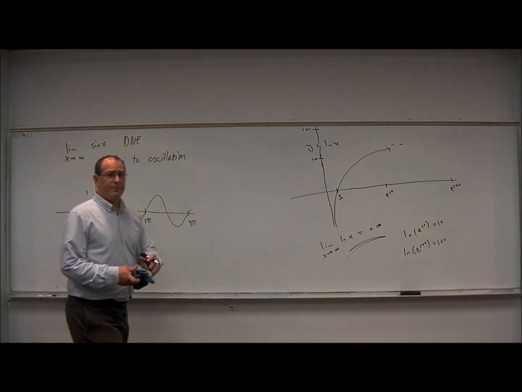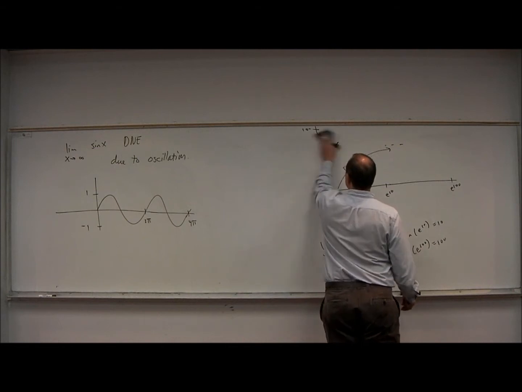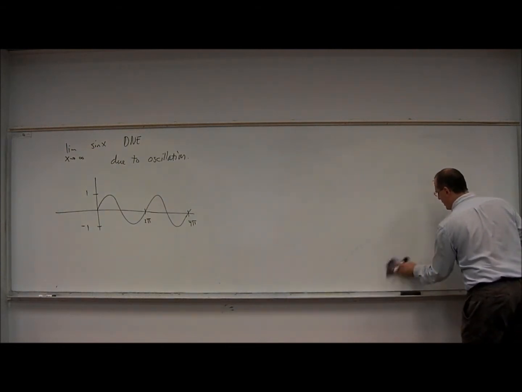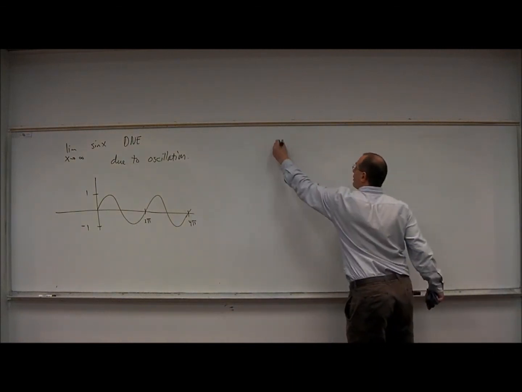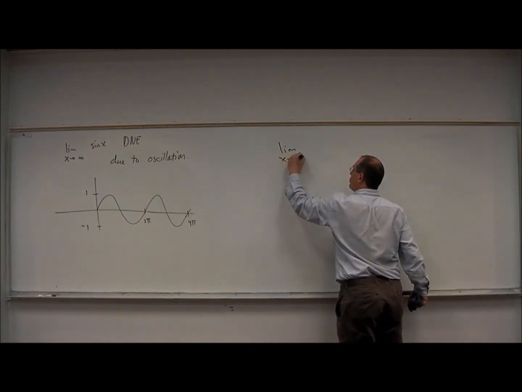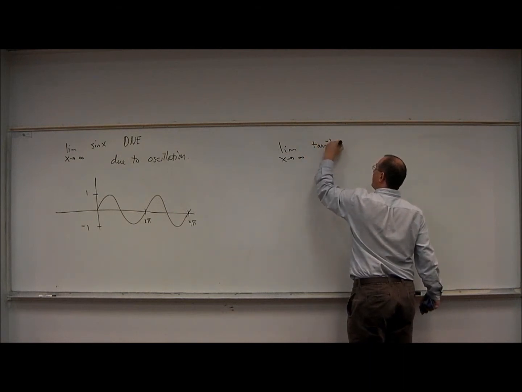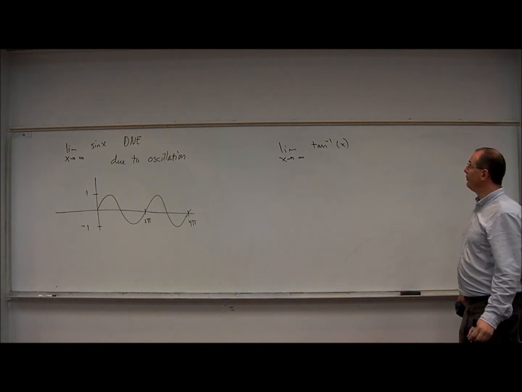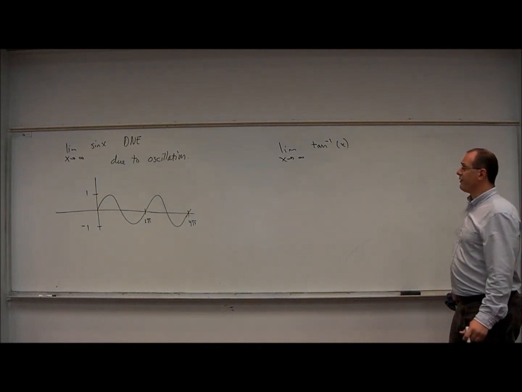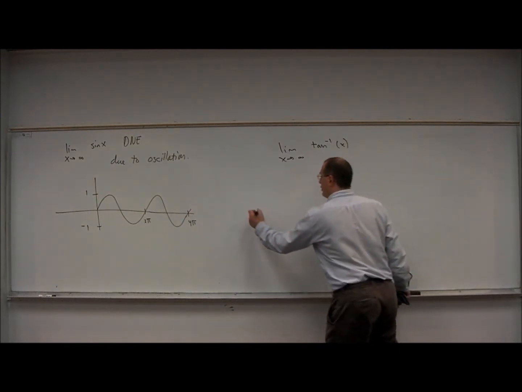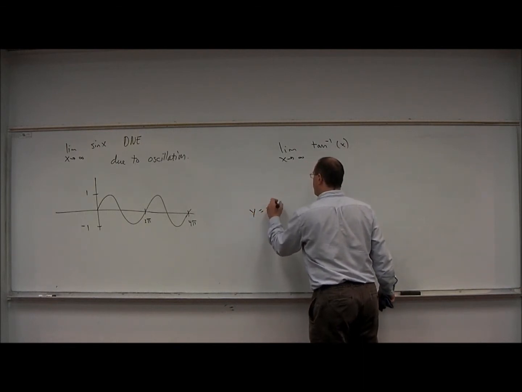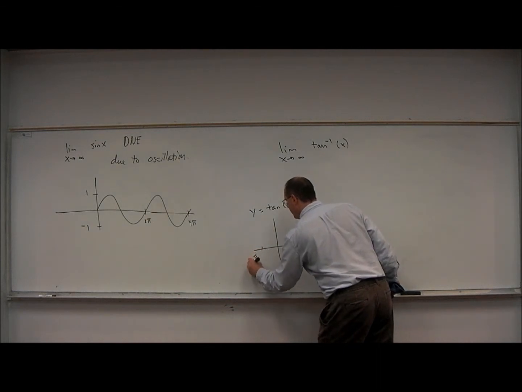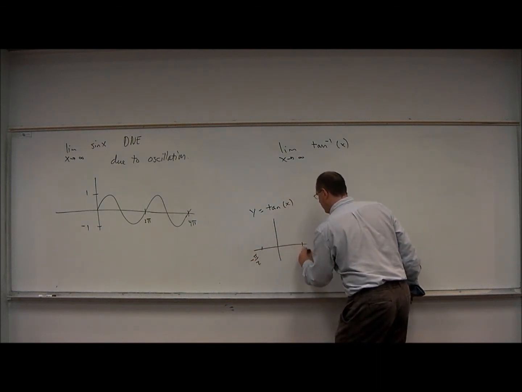One last interesting function, somewhat familiar function. Let's look at the inverse tangent. The limit as x goes to infinity of the inverse tangent of x. This one requires a familiarity with the tangent function. If you draw y equals the tangent of x, then here's negative pi over 2, pi over 2.